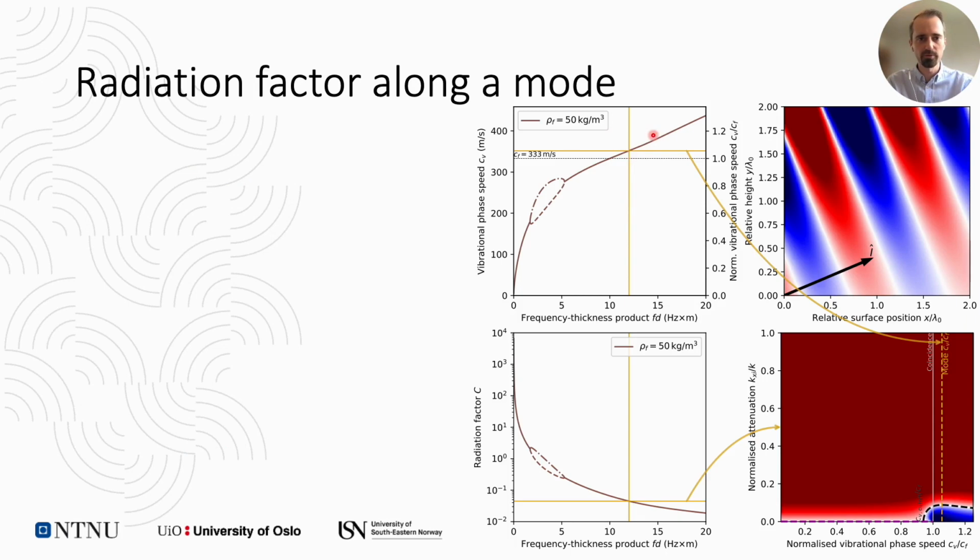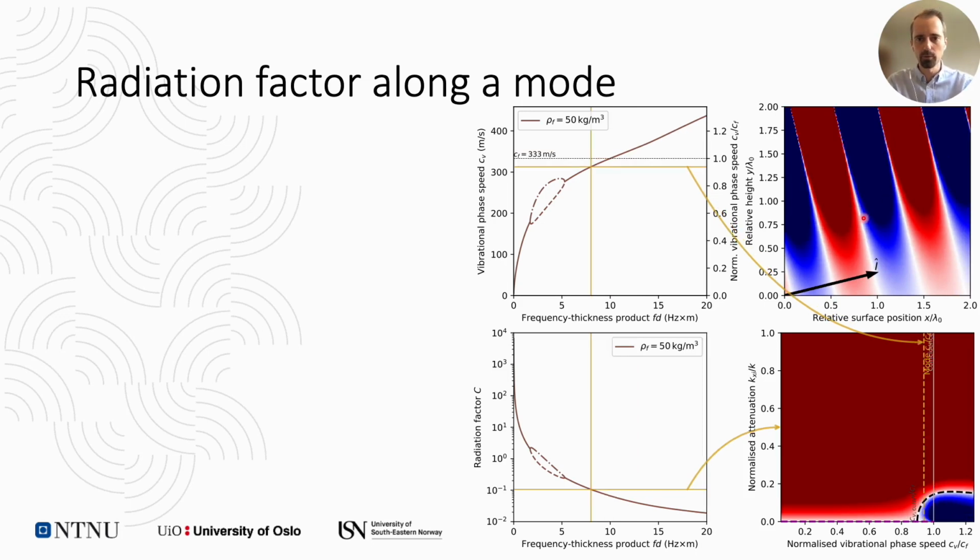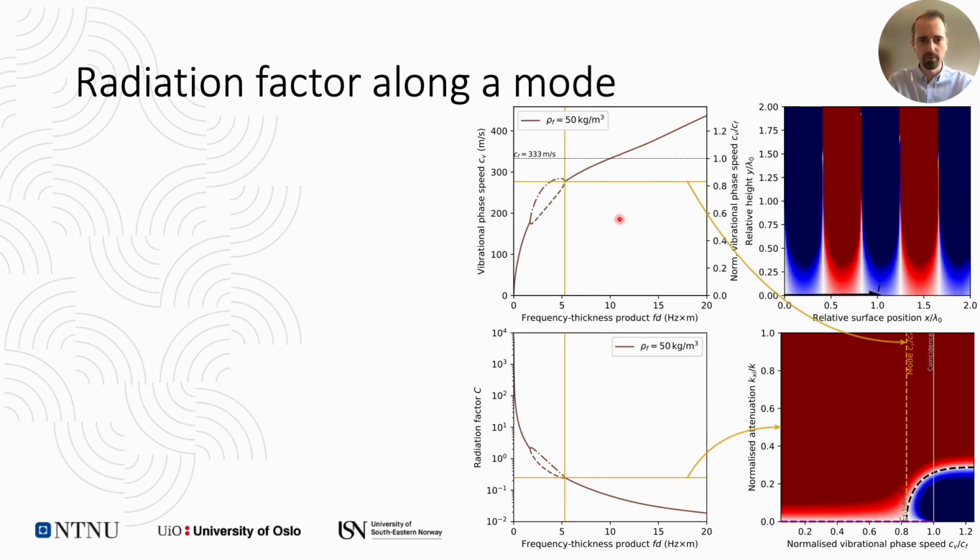We start above coincidence with a radiating wave, and at coincidence we still have a radiating inhomogeneous wave. Same below coincidence. But notice that as we go down in frequency, the radiation factor C increases. And as it increases, the cutoff phase speed, the end of the black line, goes down, and the current phase speed in yellow has to catch up with it, which it does at the start of this loop.